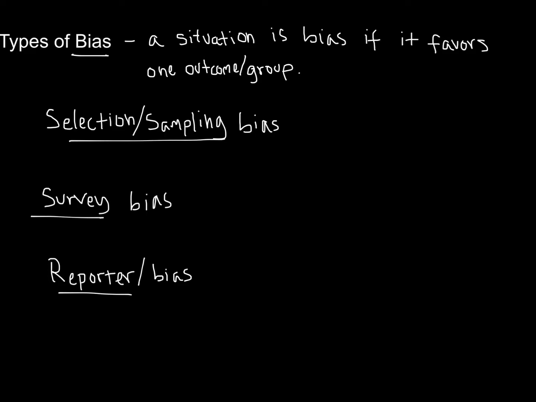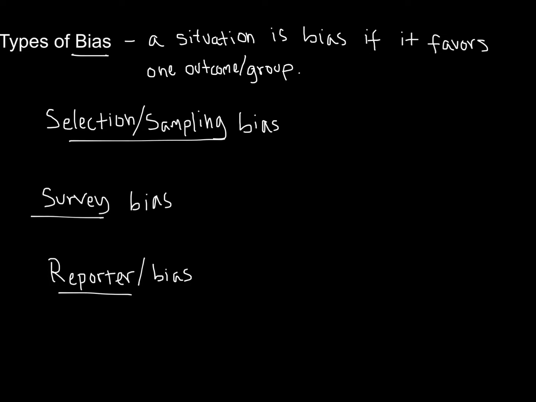So, types of bias, and this is something that I'm pretty confident all of you understand, but I want to make sure we have a clear definition of what exactly bias is. A situation is biased if it favors one outcome or group more than it should.